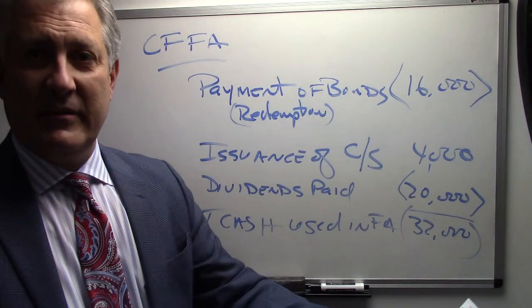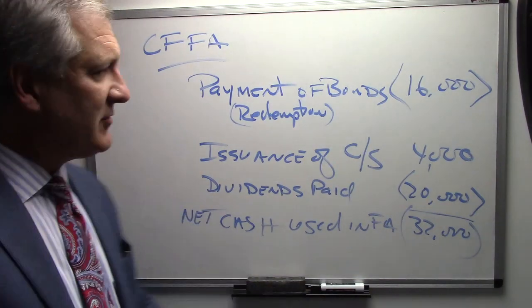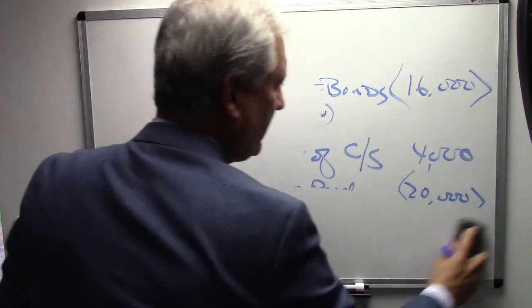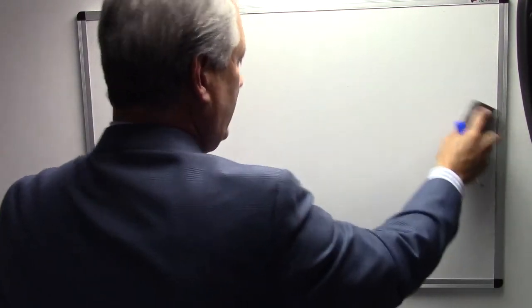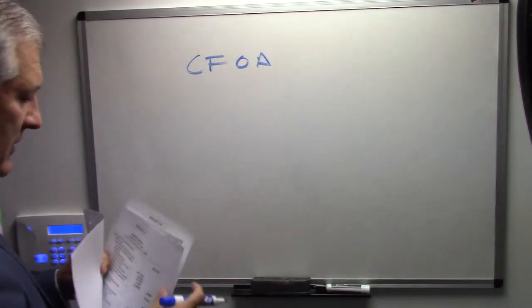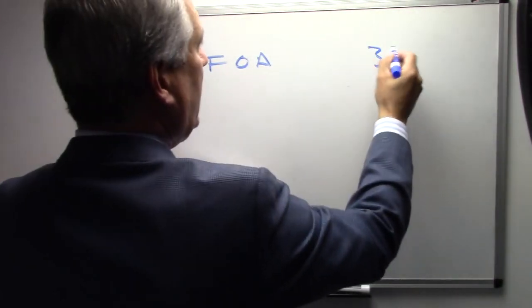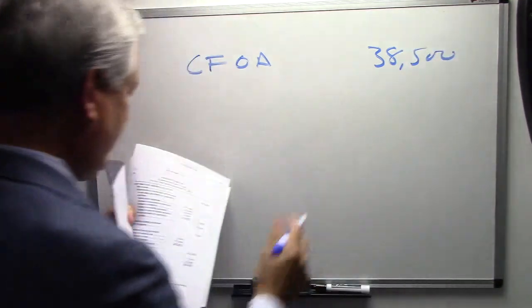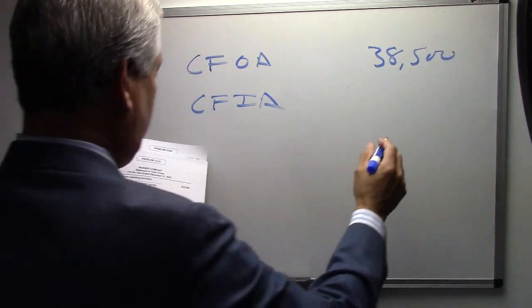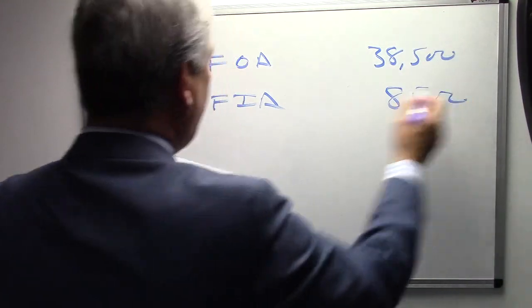Cash flow from operating activities, cash flow from investing activities, cash flows from financing activities. Let's see what happened on an overall basis. Let's summarize each category. Cash flow from operating activities, we said that number was a positive 38.5. Cash flow from investing activities, we said that was a positive $8,500.